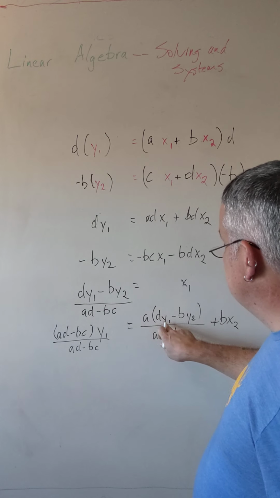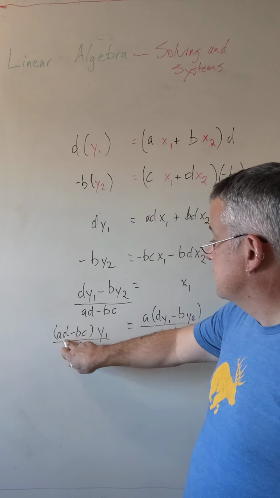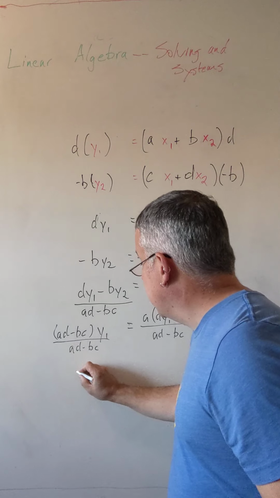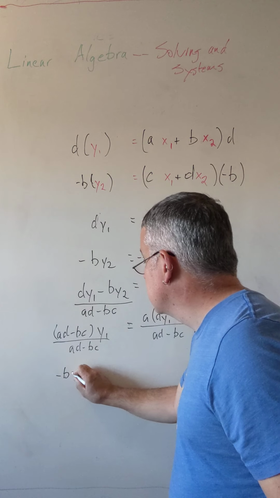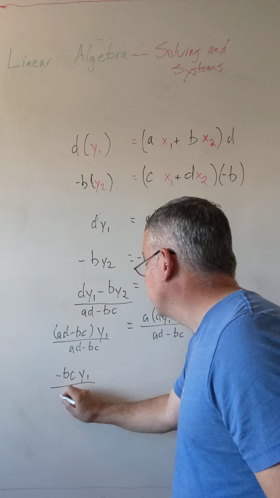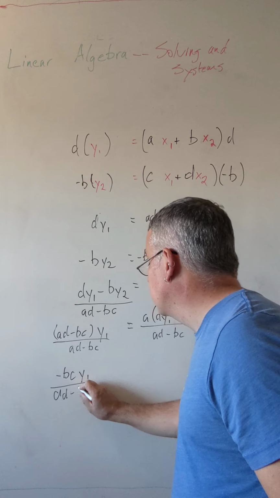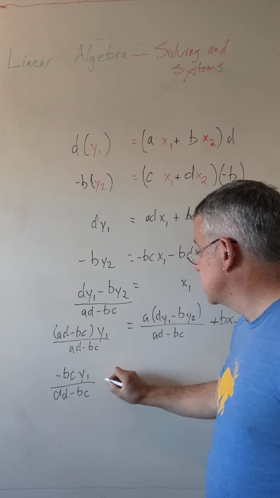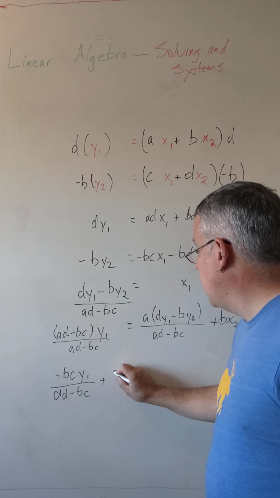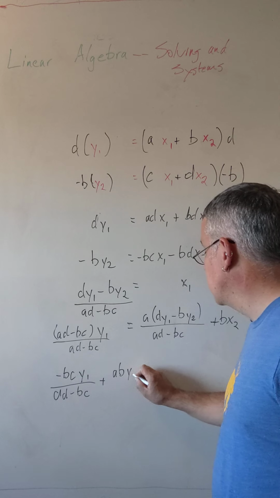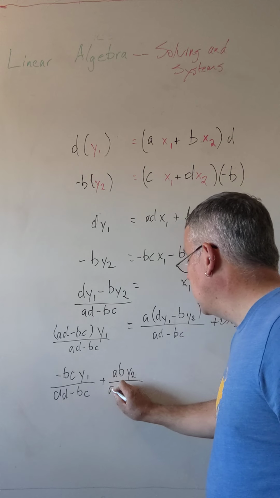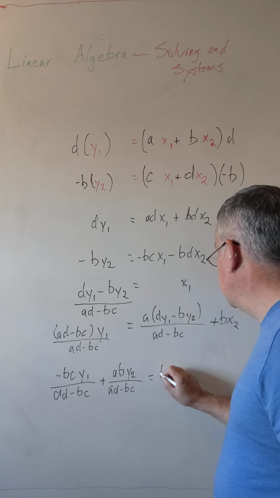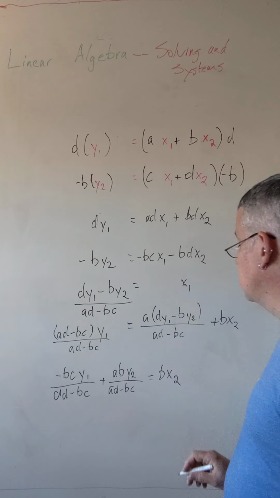Okay, ADy1 over AD minus BC, ADy1 on that side. That part of it cancels. So we got minus BCy1 divided by AD minus BC. And what about this part? That part we still get. So plus ABy2 over AD minus BC, which is equal to Bx2.